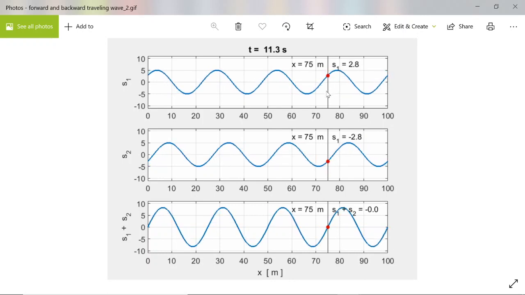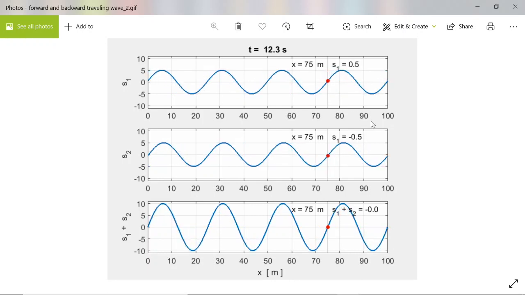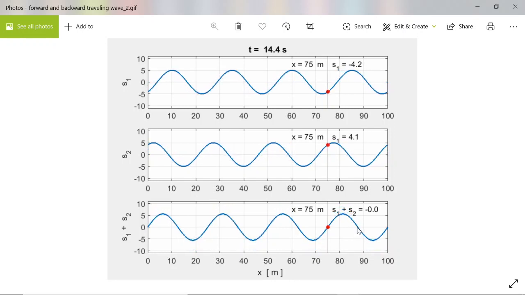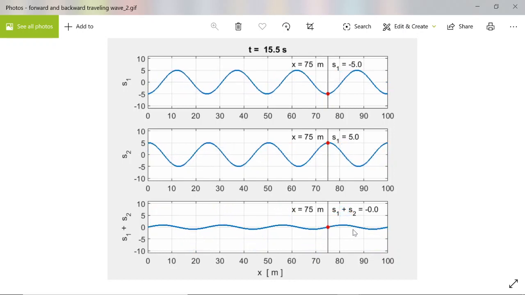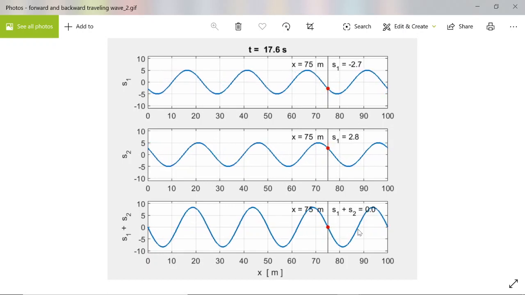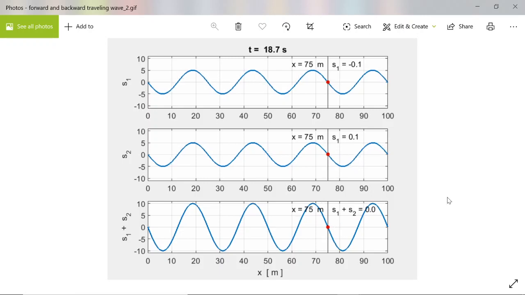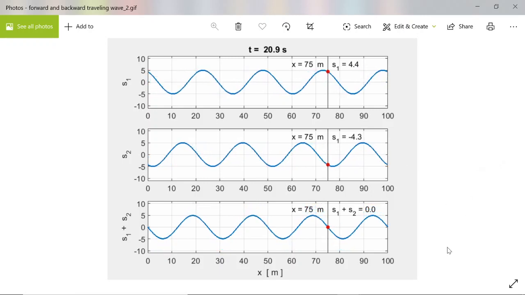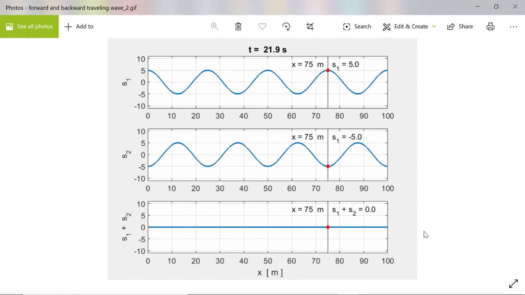If this is a lambda distance, the minima will always occur at this point. When you see the fast motion, you will see that the minima is here. So minima will be at lambda by 2, and the maxima will again be separated by lambda by 2. You can see it here.